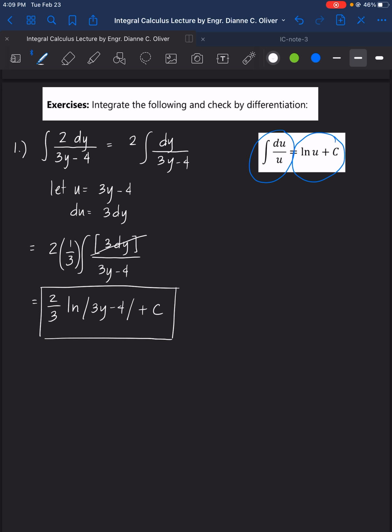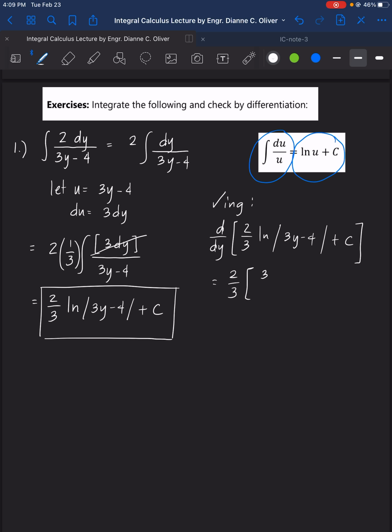Checking here is the derivative of the answer 2/3 ln of 3y minus 4 plus c, that is equal to 2/3. Derivative of ln of u is equal to derivative of what is inside being put in the numerator.